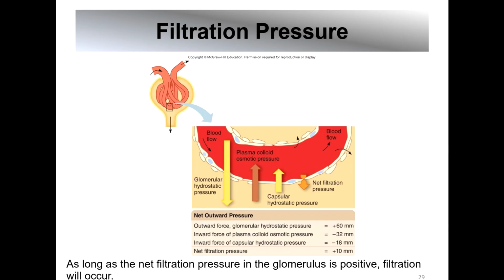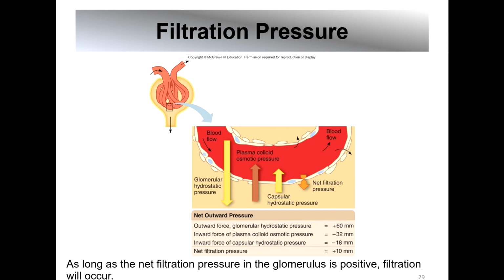All right, so we kind of talked about these things, but we can go ahead and put some numbers to them. Here we have the capillary. You see the blood flows through, and the glomerular hydrostatic pressure is a large force here, and it's been measured at 60 millimeters mercury.